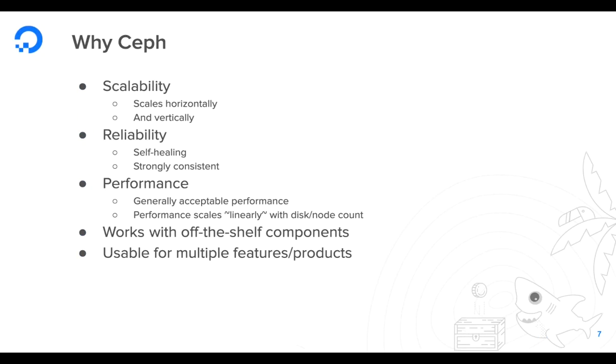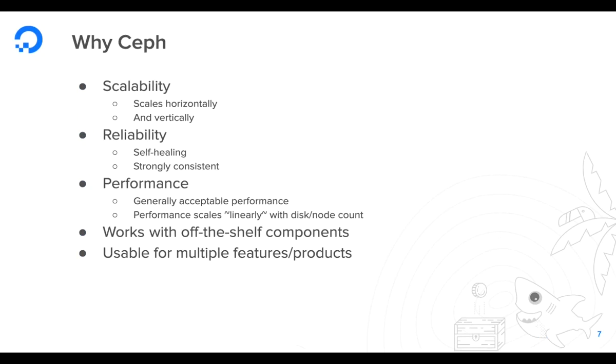We always want more, of course, but it is acceptable. And although it does not scale perfectly linearly, and we cannot expect that to happen, it scales linearly enough to the point where we can really predict the performance of a cluster from its size, which is a fairly nice concept and improves our operation quite a lot.